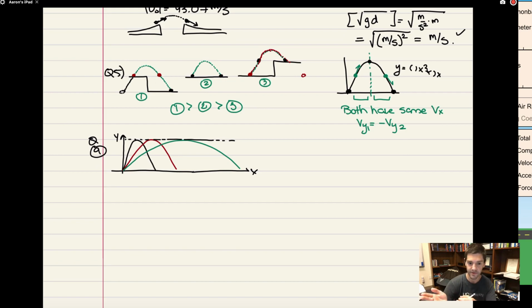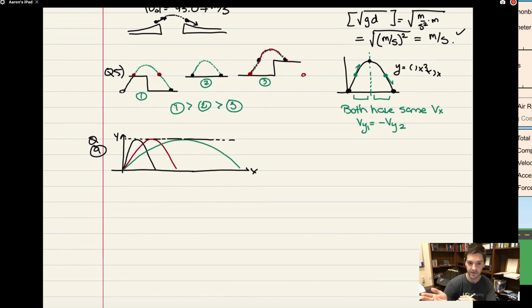So for example, I claim we can already say something about the initial horizontal velocities, which I'll call V0x. For projectiles, the only acceleration they are feeling is in the vertical direction. So like we've seen countless times now, the vertical velocity changes, the horizontal velocity does not.